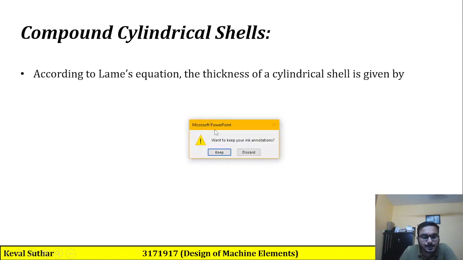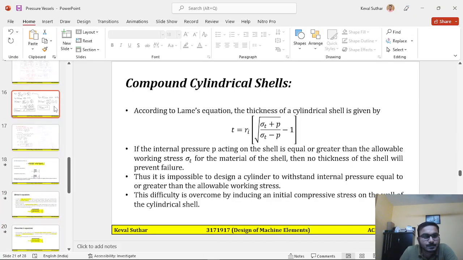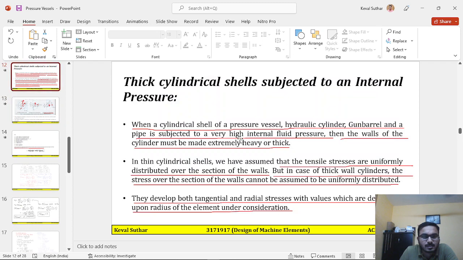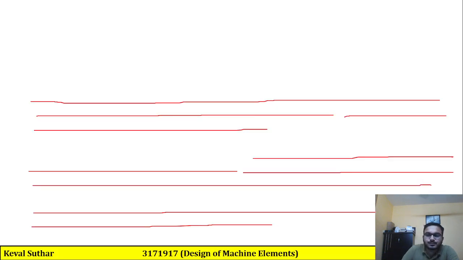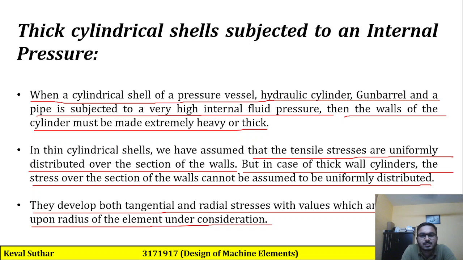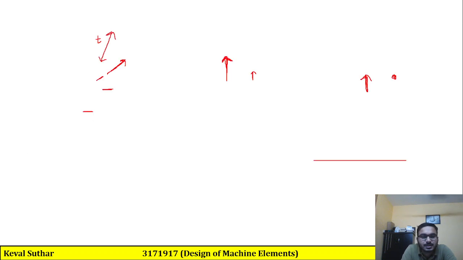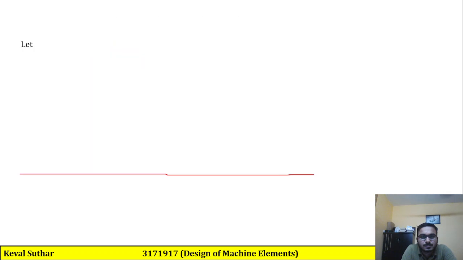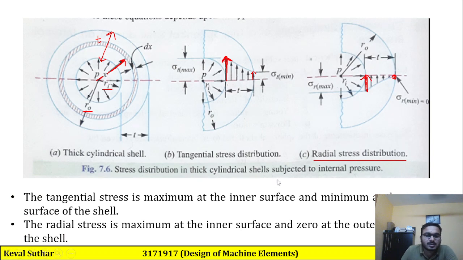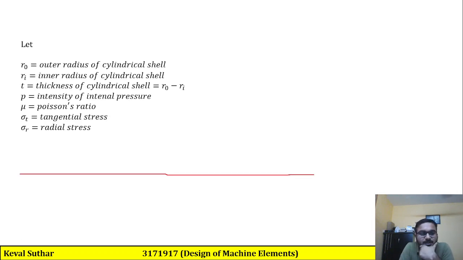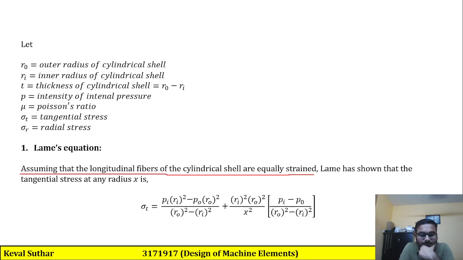So what we have done today, in our today's class, we have discussed about the thick cylindrical shells which are subjected to internal pressure, in which this is the thick cylindrical shell in which we saw this tangential stress distribution and radial stress distribution, and then these are the nomenclatures. We use the Lam's equation.